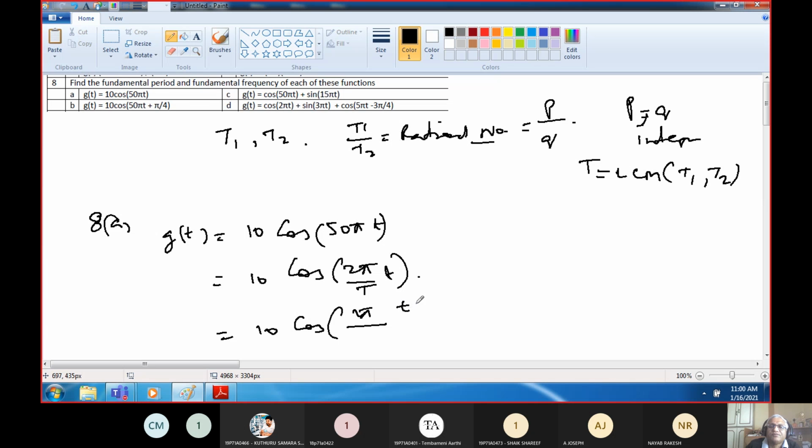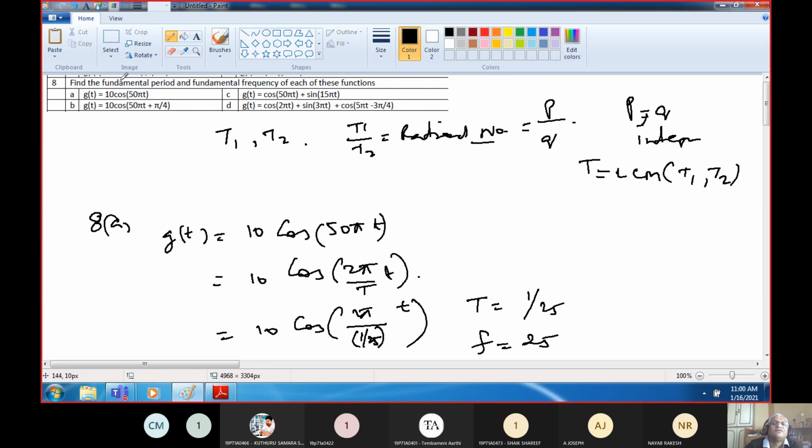So here we will simply write 25, no? 2 into 25 is 50. So here I can put 1 by 25. So T is equal to 1 by 25, or f is equal to 25.